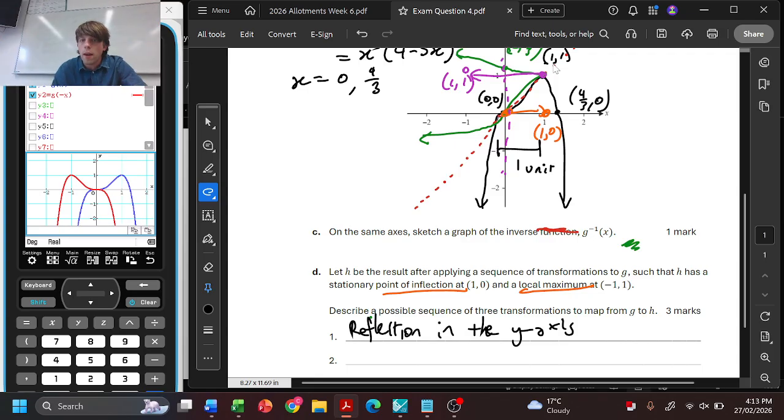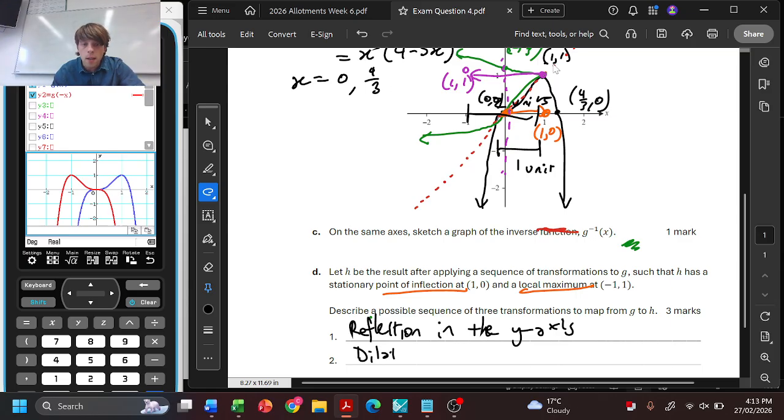In the resulting graph, the one that has the stationary point of inflection at (1, 0) and local maximum at (-1, 1), that is actually now going to be a difference of 2 units. So what does that mean? That means that we need to undergo some kind of dilation. And in this case, it's going to be a dilation in the x direction or dilation from the y-axis.